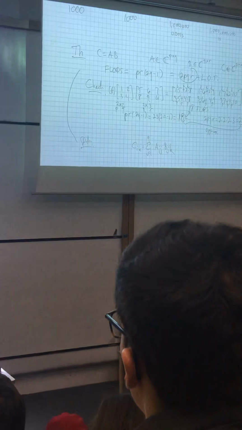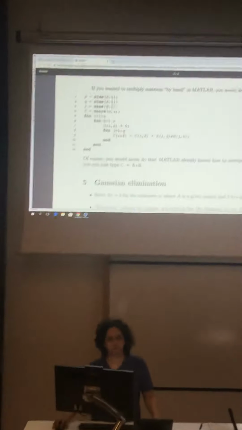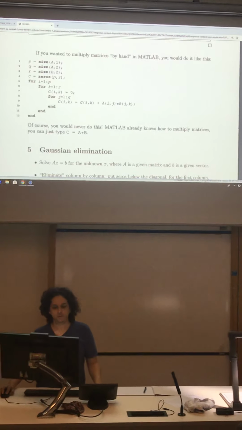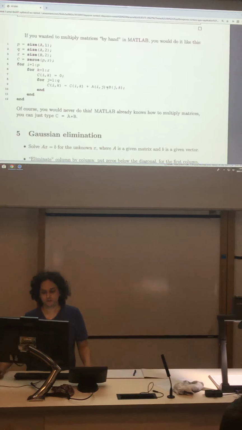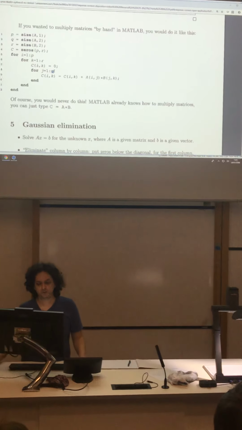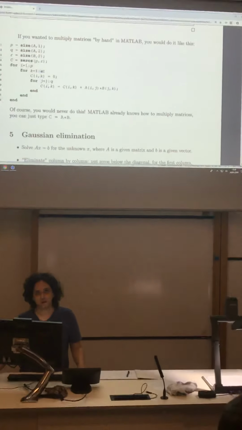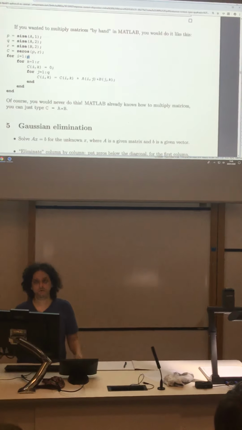And in this algorithm, for simplicity, it's not going to be 2q minus 1, it's going to be 2q. So I'm doing an extra flop somewhere that's not needed. But if you very carefully read through this algorithm, there's one flop here, there's another flop there. This occurs q times, so now you've got q times 2. And then this occurs r times, so now you've got q times r times 2. And then this occurs p times, so you'll get 2pqr.